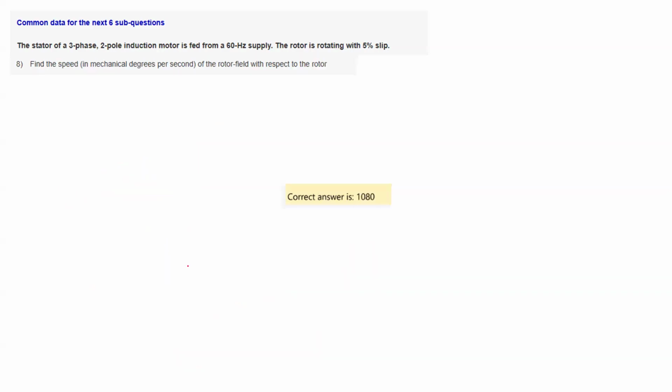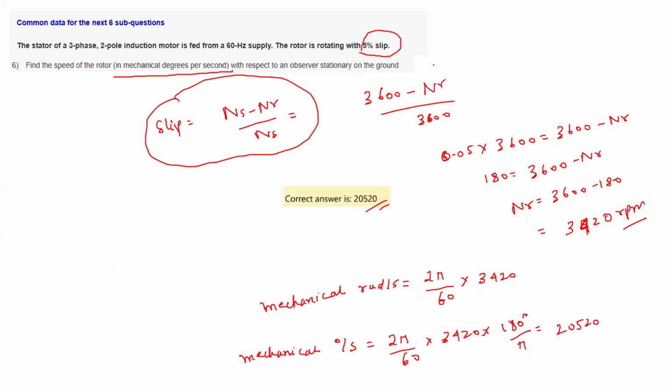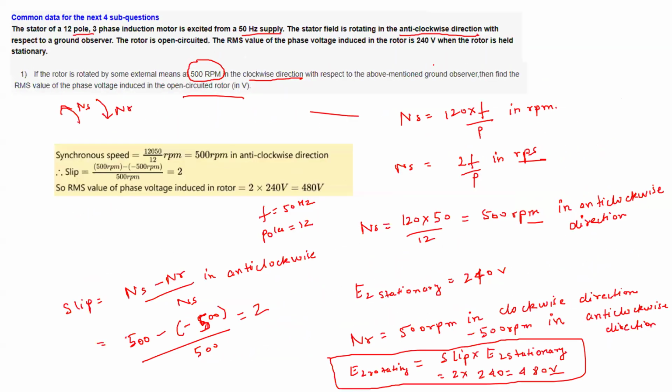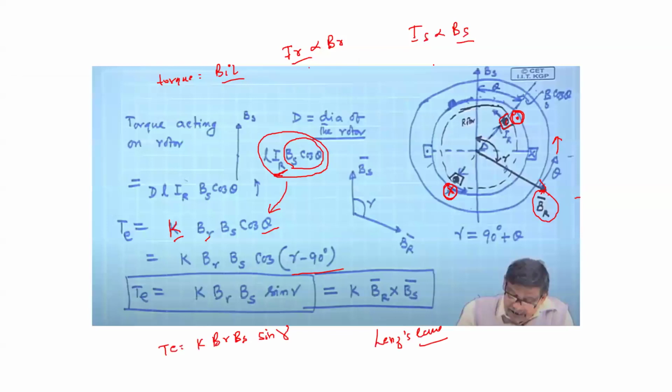So now we go to the next question. Now we have to find the speed of the rotor field with respect to the rotor. Here the stator field is BS and the rotor field is BR.